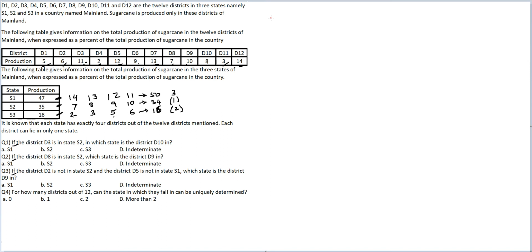For S1, S2 and S3, a base case that I can work with is 14, 13, 12, 11. 5 and 7 are exchanging. So I will have 10, 9, 8 and 5, which will give me 6, 7, 3 and 2.